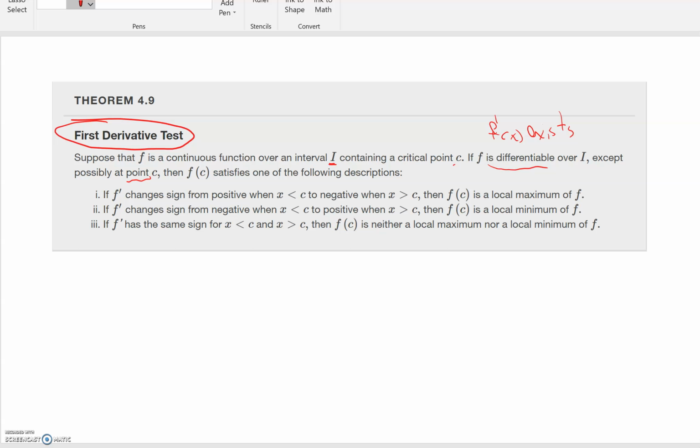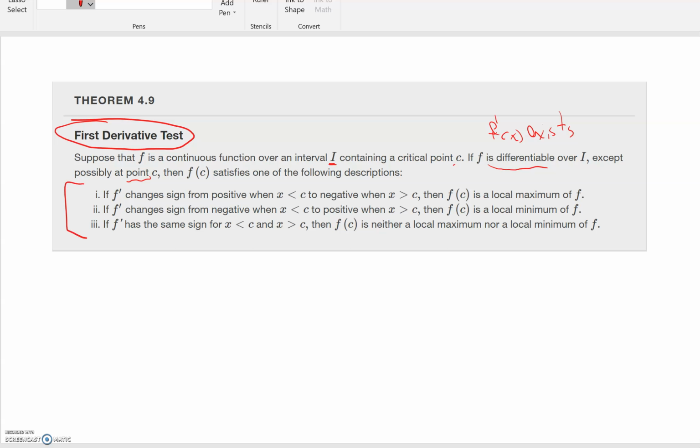Now, the reason we say that is because the definition of a critical point includes that the derivative doesn't exist there, so that's possible. But in any case, if all these conditions are met, then f of c satisfies one of these three conditions.